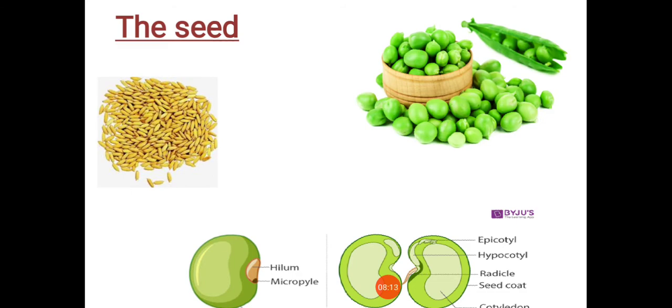Right below the hilum is a small pore called micropyle. During fertilization, the pollen tube enters the ovule through the micropyle, and also the moisture enters the seed through the micropyle.